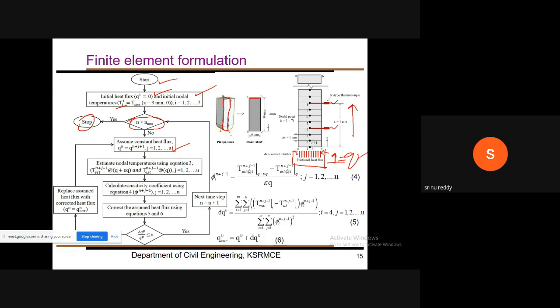How we are going to correct, I will say now. This inverse heat transfer method basically works only for parameters which are dependent. The temperatures we are measuring at the fourth node and 8th node and this heat flux are interrelated. When heat flux increases, the temperatures we are measuring will increase, dependent parameters.